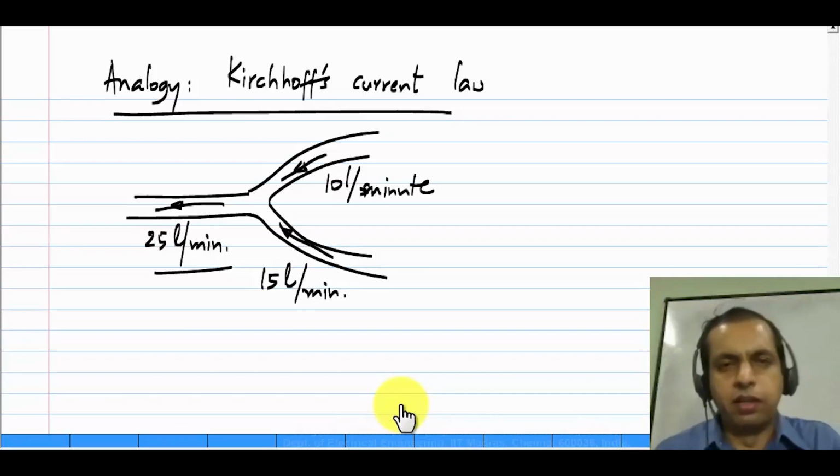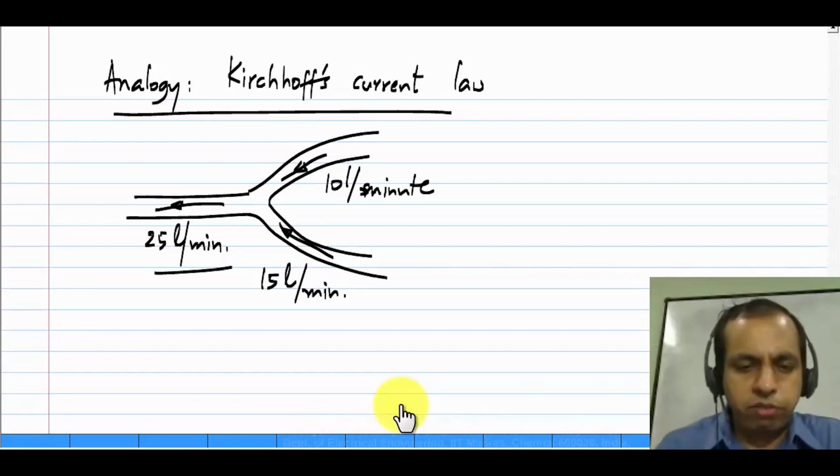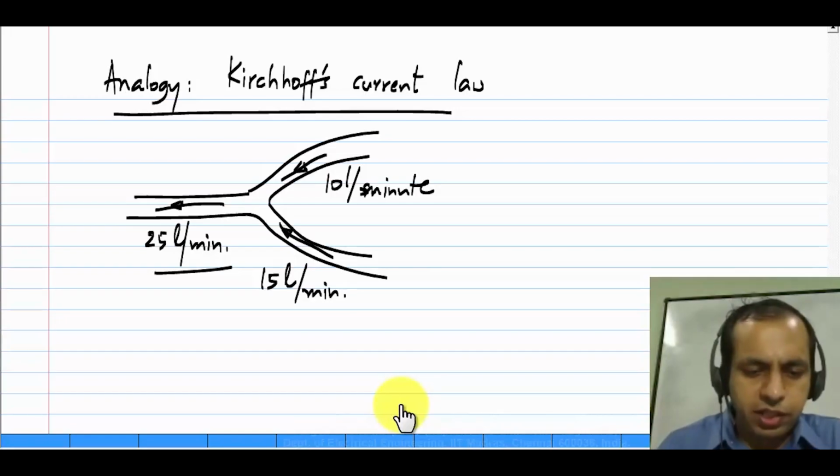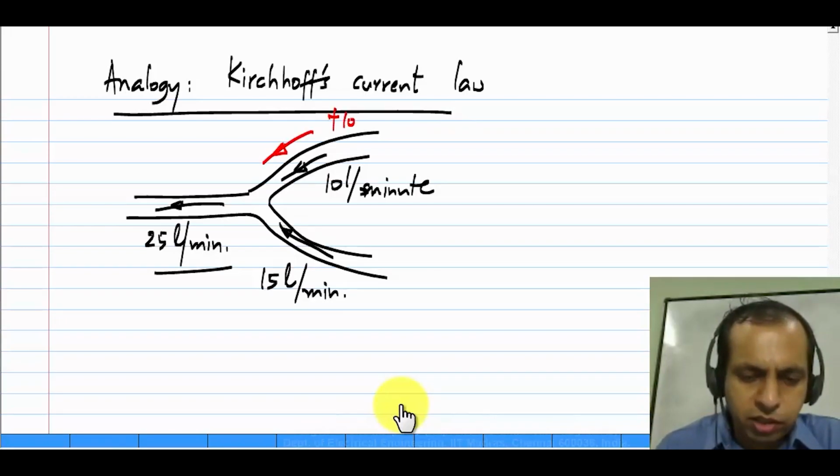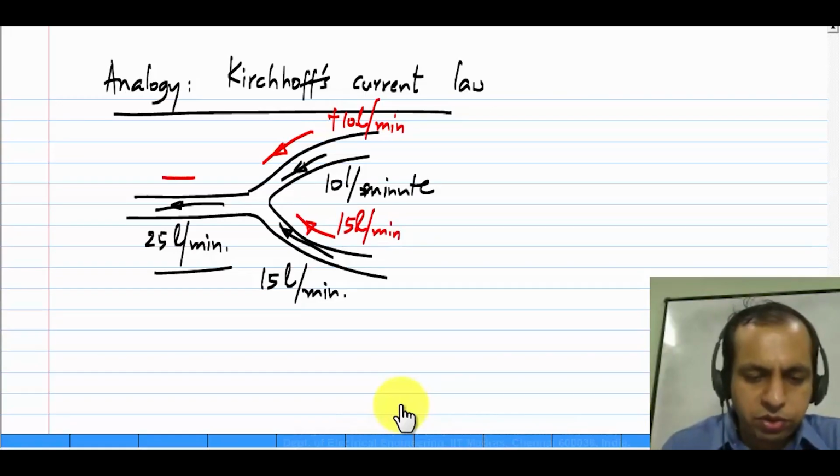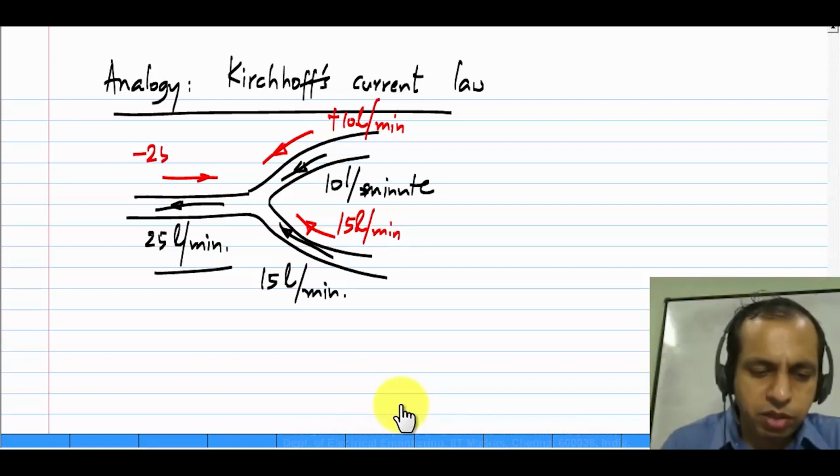The way we stated Kirchhoff's current law is to take flows only towards the node. So if we do that for this, we can say that water is flowing here at plus 10 liters per minute and here at 15 liters per minute. And if we take this flow also in this direction, we know that water is going out, but in this direction it is minus 25 liters per minute.